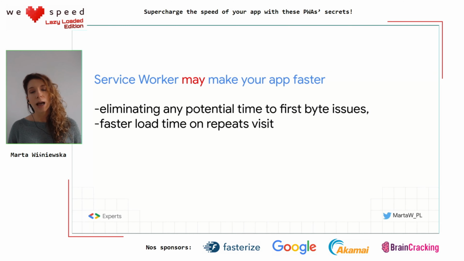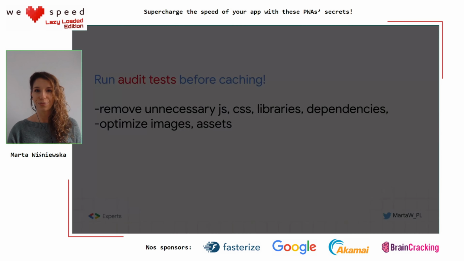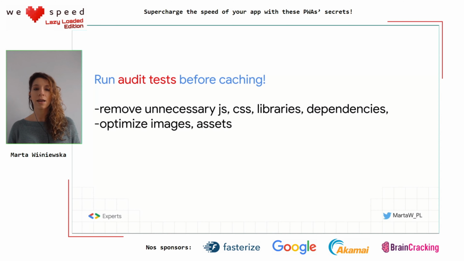Because sometimes you can see that the first loading is even slower than usual, because Service Worker is also additional JavaScript to be handled by your browser. So it needs additional time to handle that. And app speed is more a factor of rendering time after all your responses are collected.